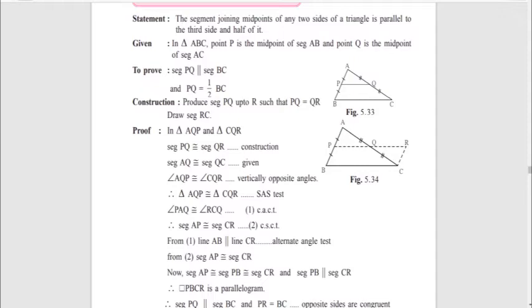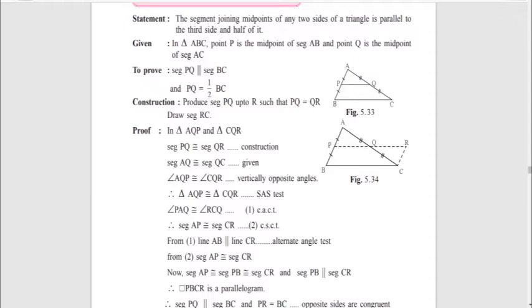Therefore, quadrilateral PBCR is a parallelogram. The opposite sides are parallel as well as congruent. So, quadrilateral PBCR is a parallelogram.